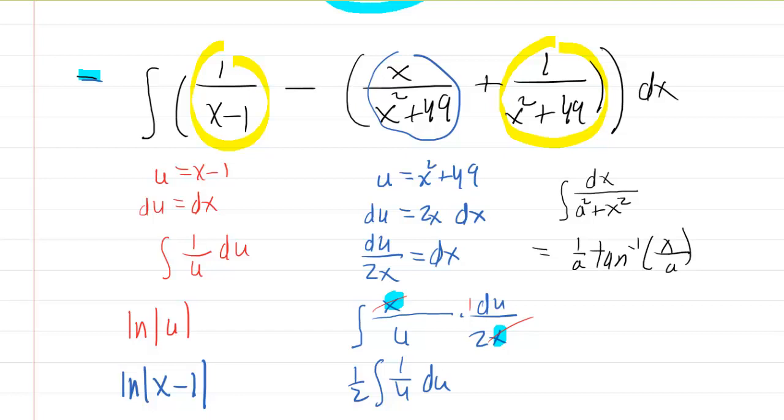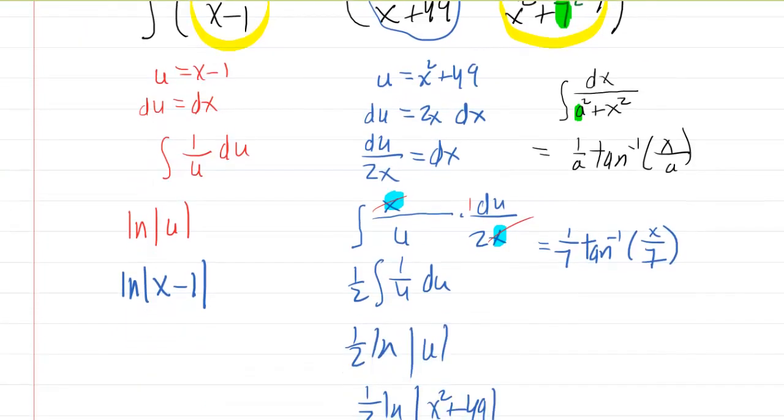So if you look at our expression carefully, we have 49, but we would need to rewrite that as 7 squared. And that way, by rewriting it as a perfect square in that manner, we can see that our a value is just 7. In other words, our constant is 7. So this will integrate to 1 over 7 inverse tangent of our variable over our constant, like that.